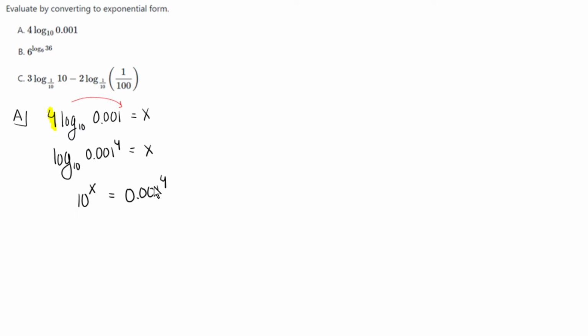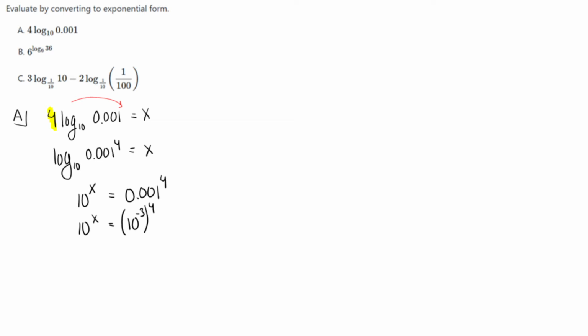We need to rewrite this in the same base. So the base here is going to be 10. So 10 to the power of x equals. 0.001 can be written with a base of 10 as 10 to the power of negative 3, and then to the power of 4.